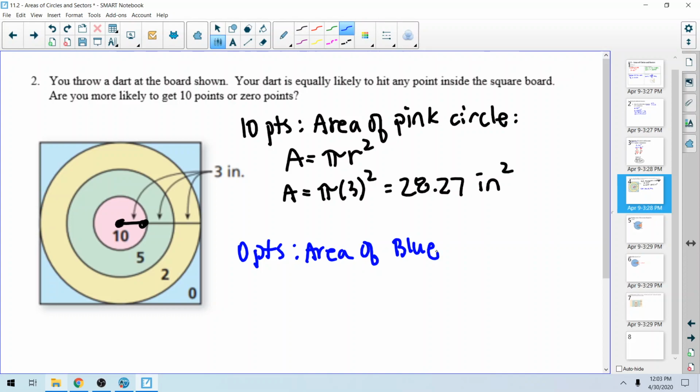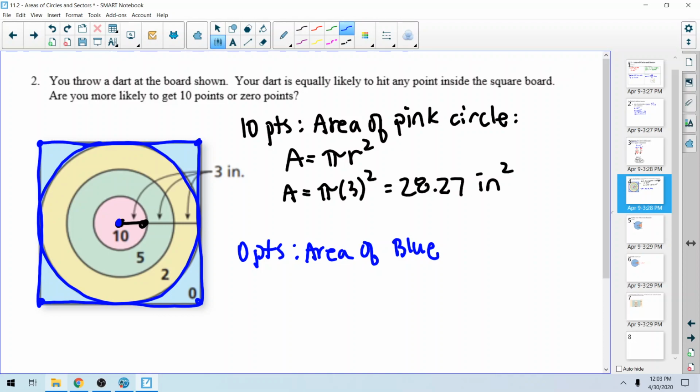Now I'm going to go with 0 points, which is the area of the blue. So game plan for area of the blue. I'm thinking maybe we go with area of the whole thing, which to me looks like a square, minus area of this big circle. Okay, so the area of the whole thing is a square.